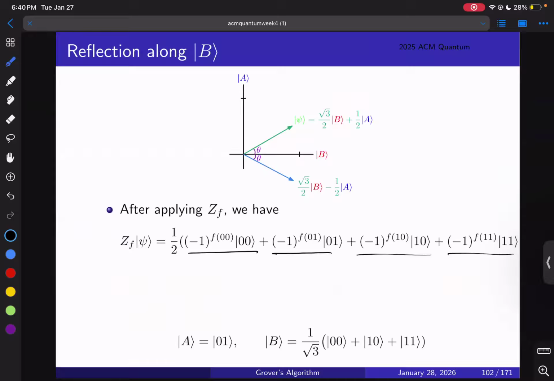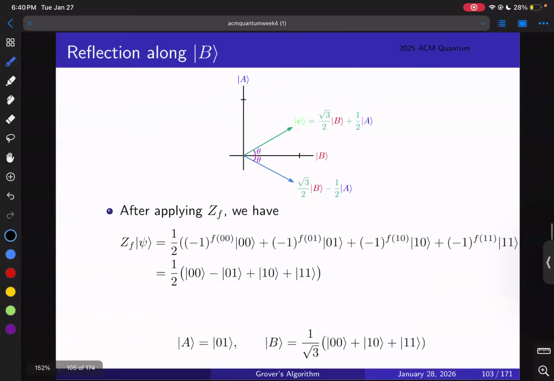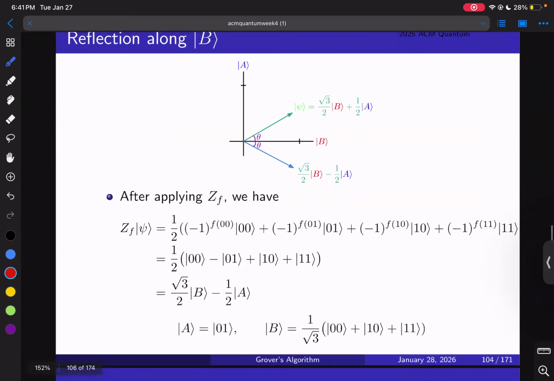Remember the gate is linear, so it just gets applied on each state. Now we can sub in our F, because we know F is only 1 for 01. So that 01 state gets marked with a minus sign. And if we convert back to the A and B basis, we get √3/2 B minus 1/2 A, which is a reflection. Good on that?